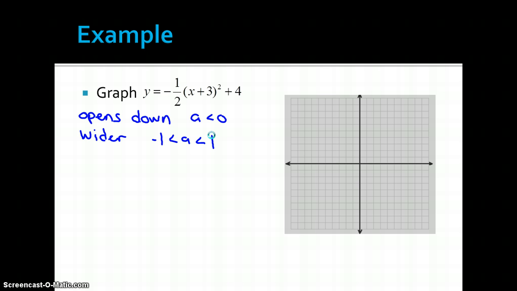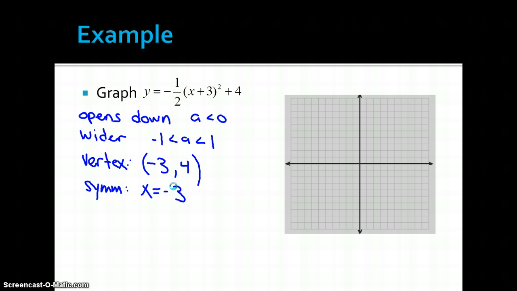Our vertex is the ordered pair (-3, 4). Again, this tells me to shift to the left 3. This tells me to go up 4. That's my vertex. And my axis of symmetry is the line x equals -3.